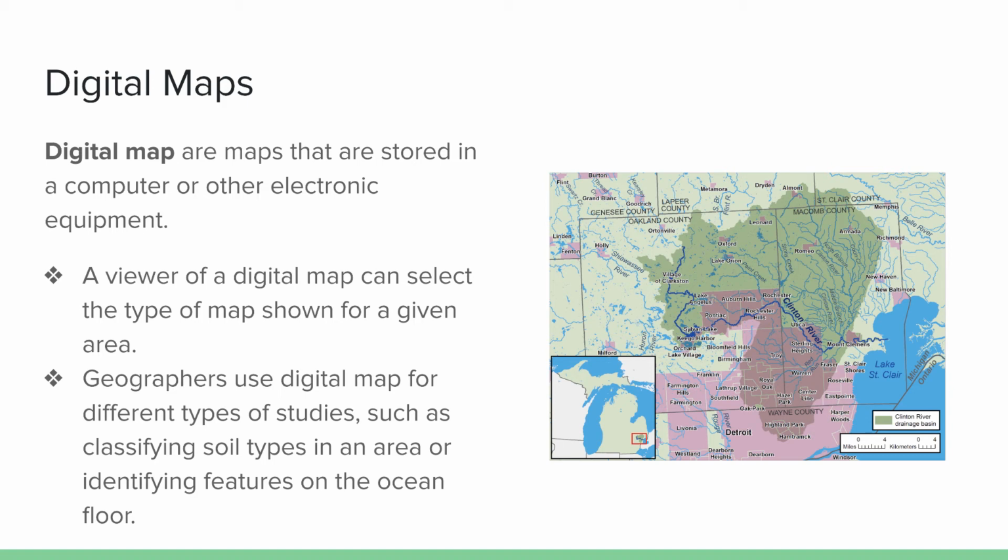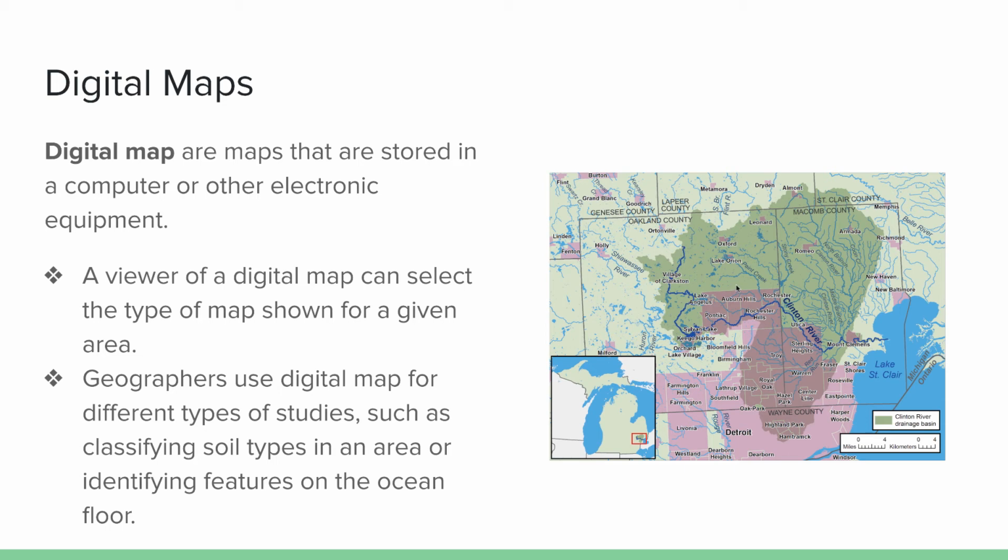So pictured here on the right is a digital map of Detroit. As you can see, the key right here shows that this dark green area is the Clinton River drainage basin. You can see lakes and all types of things.